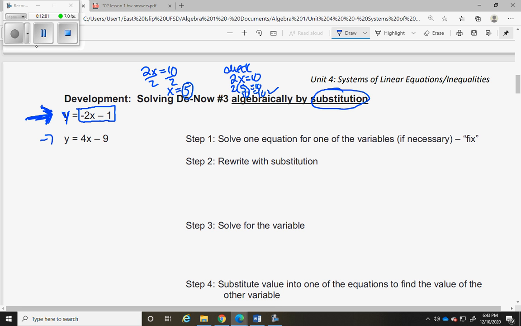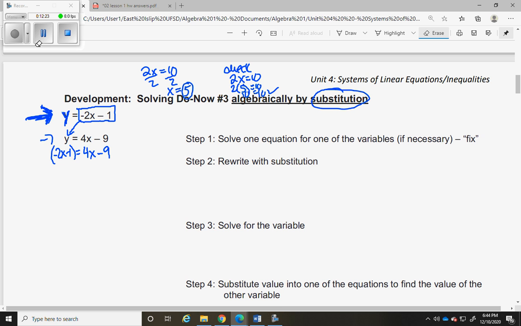So right here, I'm going to say that y needs to be substituted with negative 2x minus 1. So in the other equation, any place I see a y, I will substitute the y with a negative 2x minus 1. Anytime I put in a substitute, I will put it in parentheses.